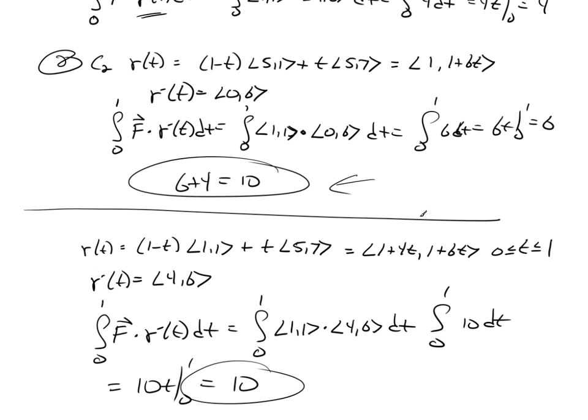Now, in a previous example we looked at, when we took a different path, we got a different value. This one, we got the same value. So there are situations where the value of the line integral is very much path dependent, and there are times when the value of the line integral is very much path independent. And that's the idea of conservative vector fields, which we'll talk about in the very near future.